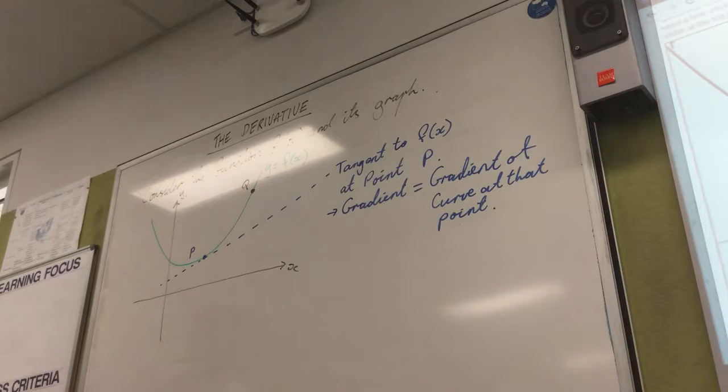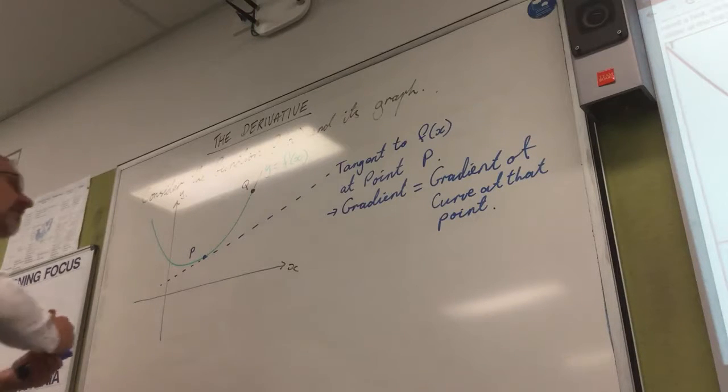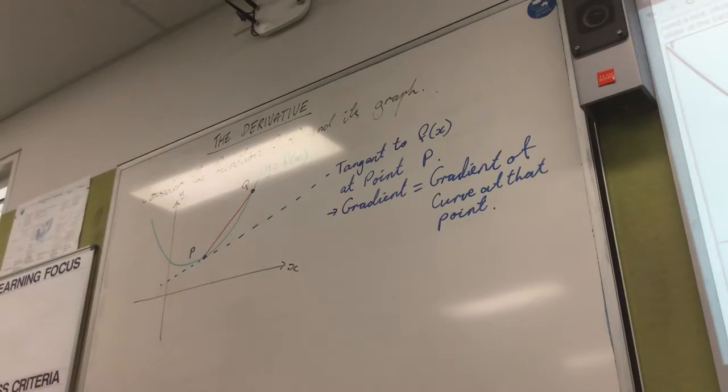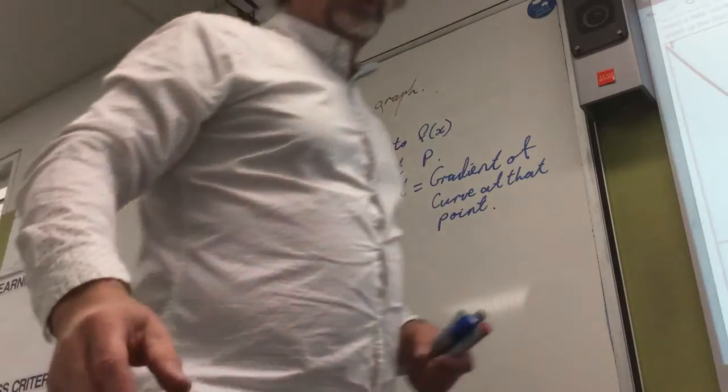Then we can put the line between P and Q, and then we could work out the gradient of that line. So, what am I getting at? Let's have a look at this over here.